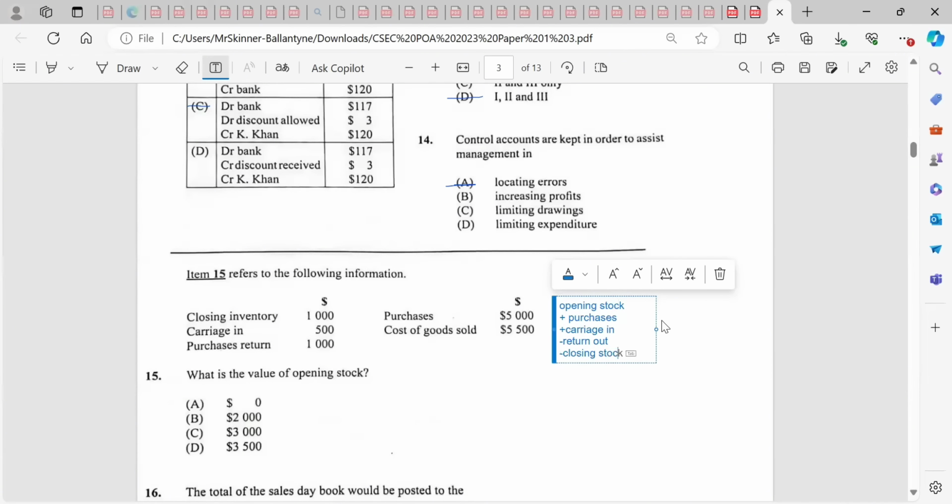That will give you the cost of goods sold. Even if you don't get an income statement for paper 2, it's still coming in paper 1.